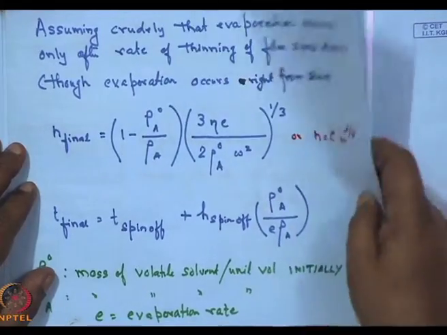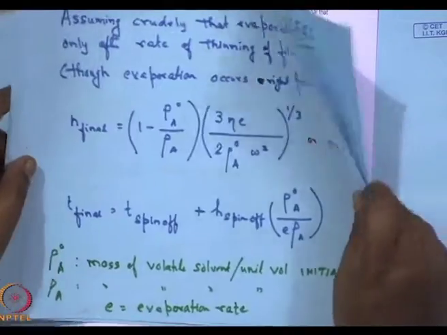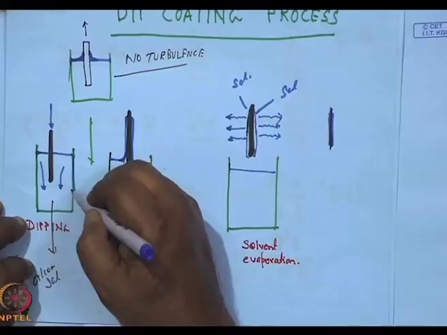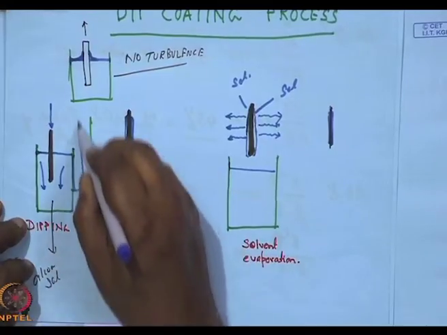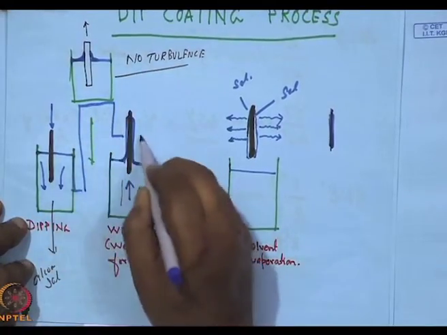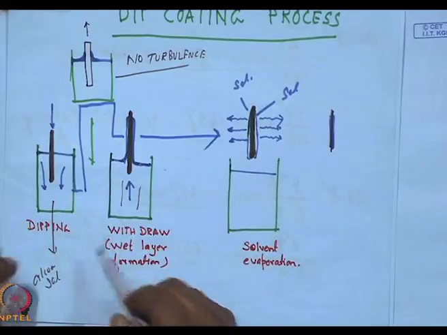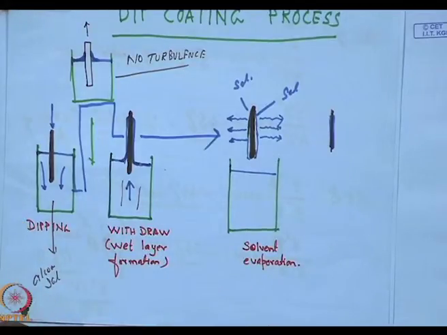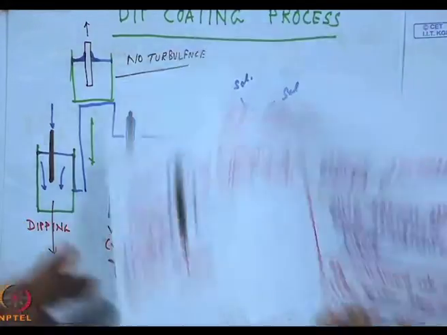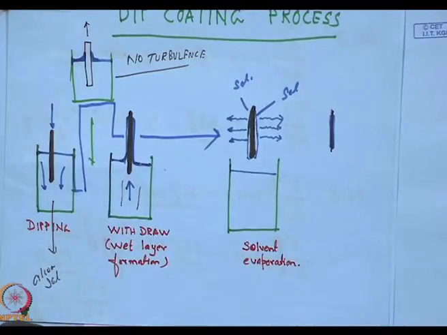Now, let us very crudely assume that as we are starting to dip here, from here to here to here, as we are withdrawing, the evaporation rate is constant.